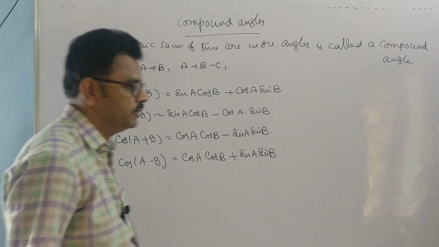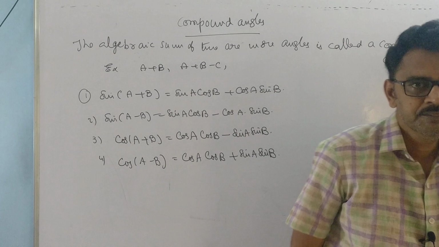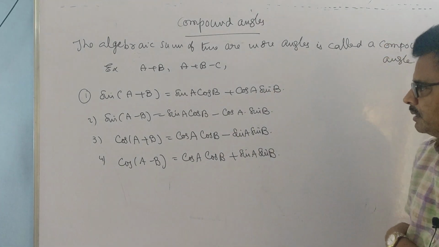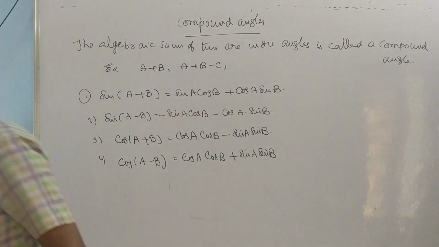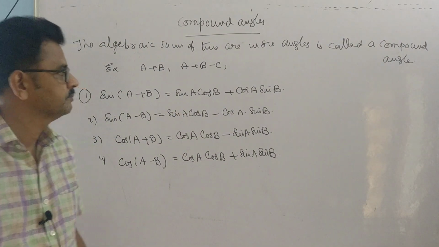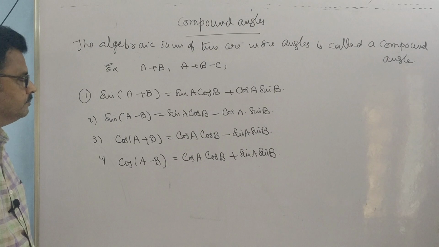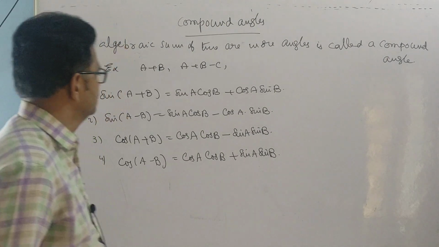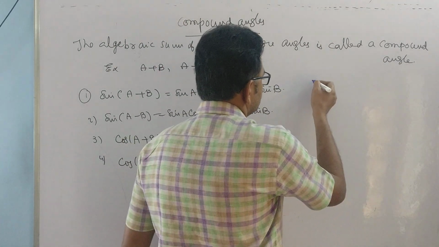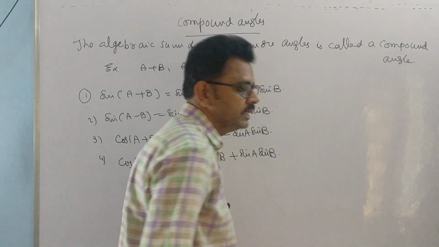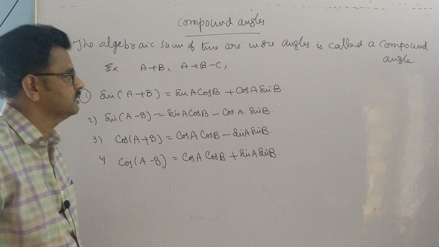So, sin of a plus b, sin of a minus b, cos of a plus b, cos of a minus b. These are all formulas. I think all of you know very well. And also we have all the values, that is sin 30 degrees, sin 45 degrees, sin 60.